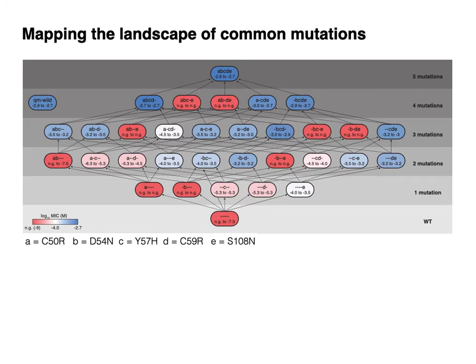To test our suspicions, we took the five most common mutations observed throughout the experiment and constructed a synthetic fitness landscape defined by those five mutations. In the map here, the resistance for all 32 combinations of these five mutations, including S108N and D54N, are shown, where red means not resistant and blue means highly resistant.